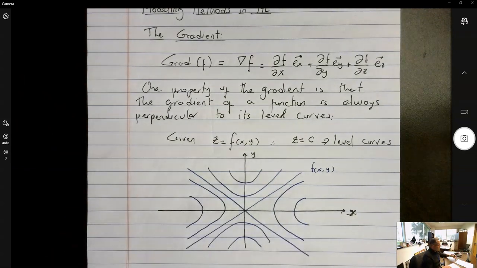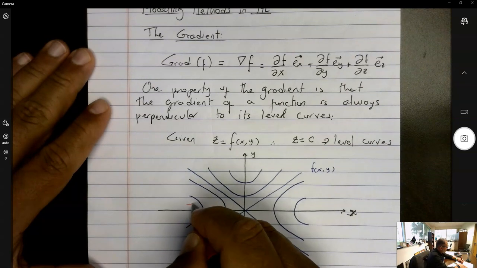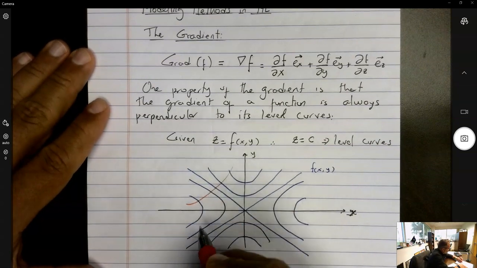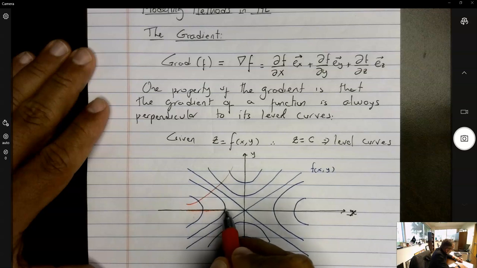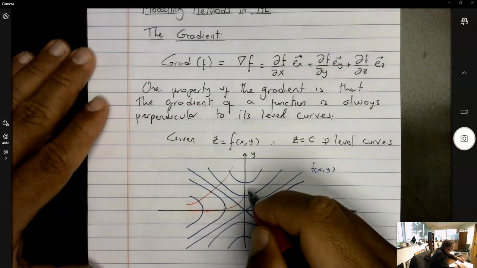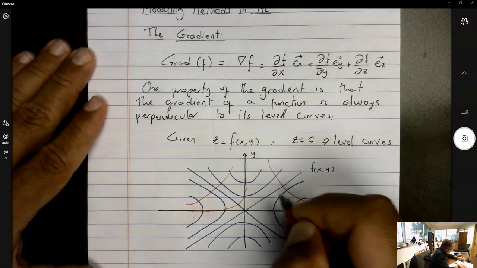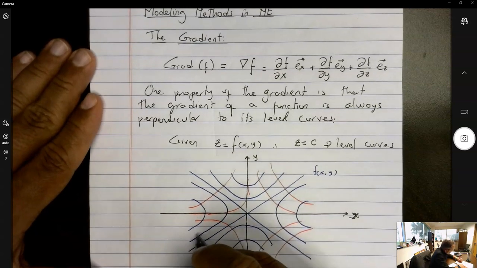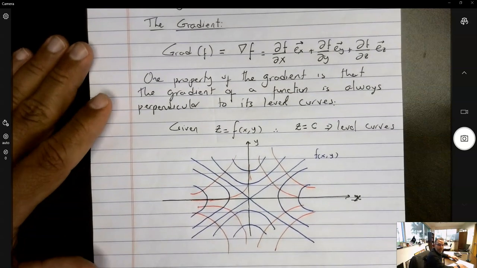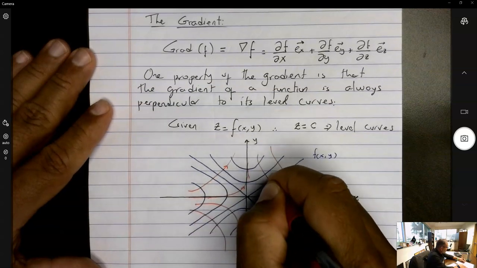So sort of like the function seen from the top. The gradient of that function will always be something that points perpendicular to this line. So it would go sort of like this. So it will always be perpendicular to this line. So the red lines are perpendicular to the blue lines, and in addition, the red line has a specific direction.